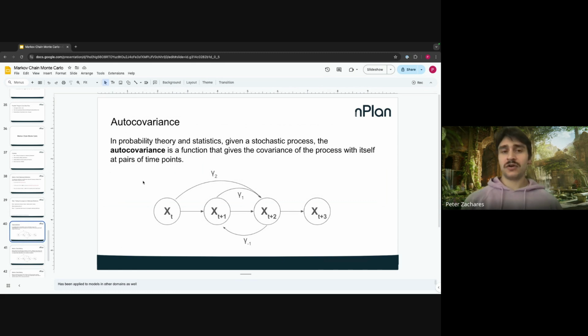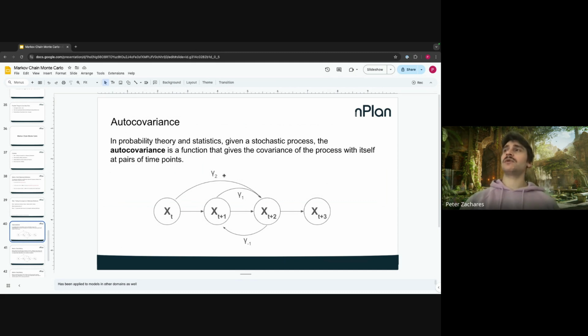The variable that you usually see in the literature is gamma, and it's the covariance between two points that are separated from each other. For example, if they're one step away from each other, then it's autocovariance with step size 1, gamma 1.